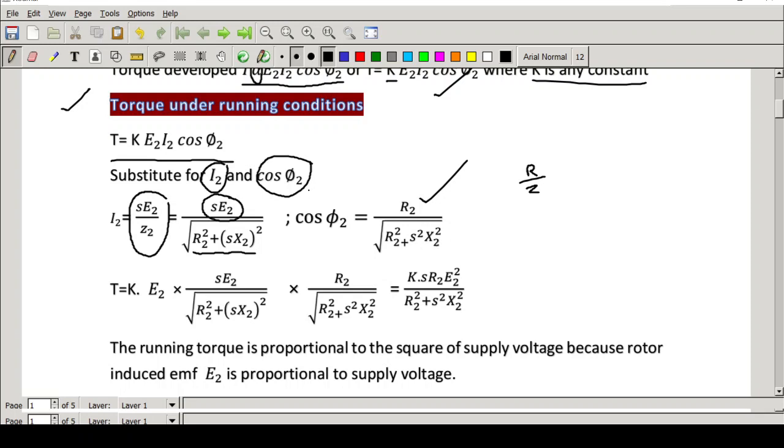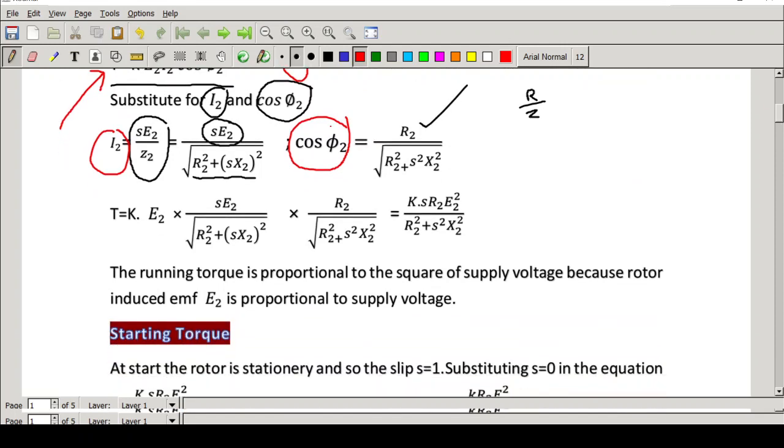Now we will substitute the value of cos phi 2 and the value of I2 in the expression for the rotor torque under running conditions, that is, equation number 1. Then what will we get? We will get torque is equal to K into E2 into, instead of I2, what will we substitute?